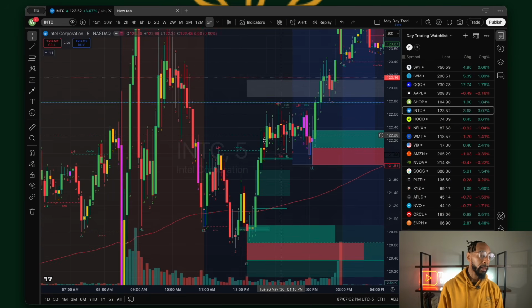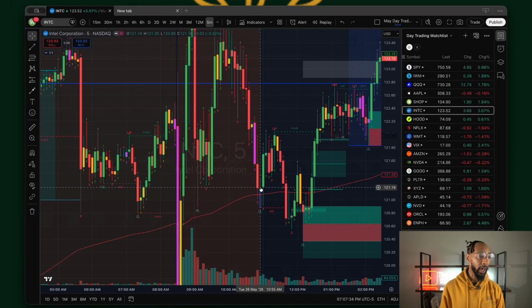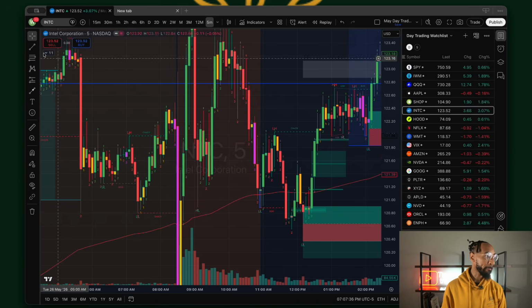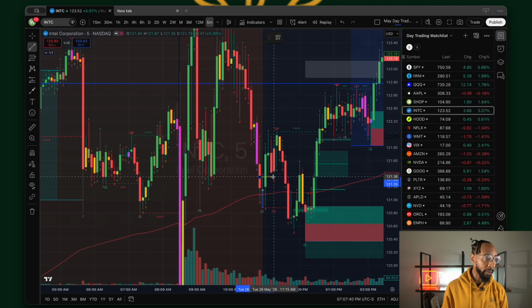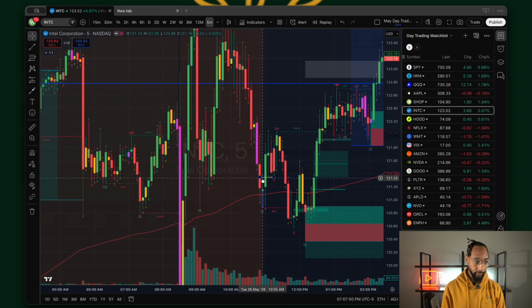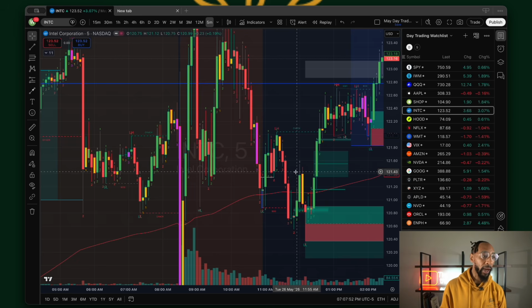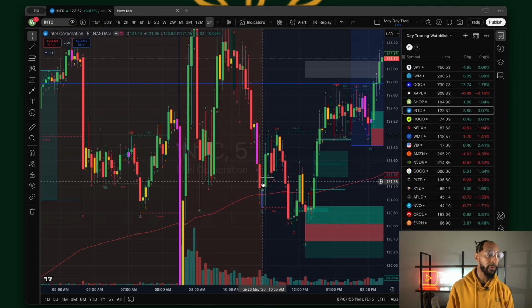On the 5-minute time frame, we got a failed 2 down right here, right? So it's important to understand your entry is at the top of this failed 2 down right there. That is at 121, and then your exit price, your take profit, is going to be right here at this 121.94.